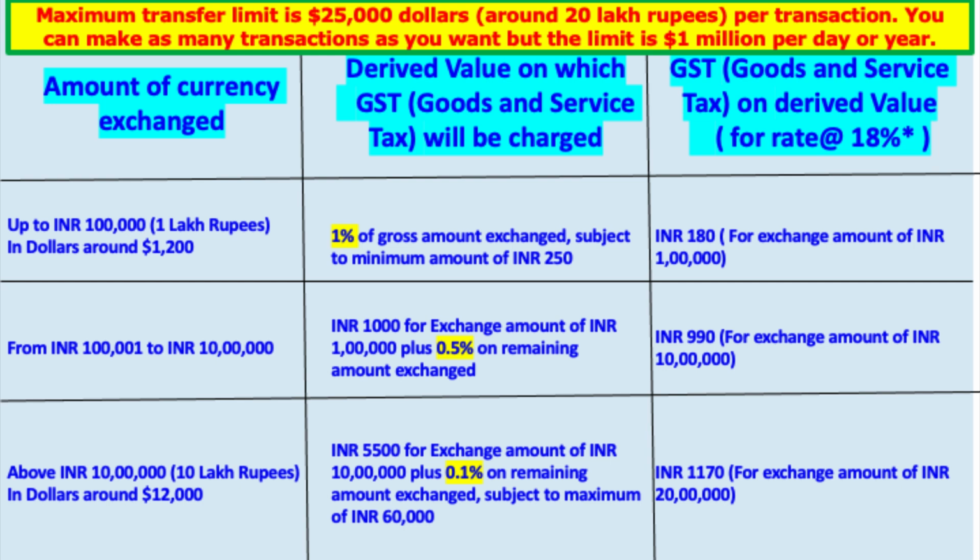And for the GST, goods and service tax on derived value of rate, it's 18%. And this is the amount you need to pay. You just go through the table, and the more you transfer, you see I highlighted in yellow, the fee goes down. See? So it's better to transfer the max amount per each transaction.